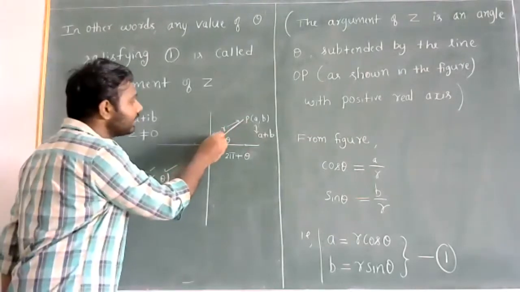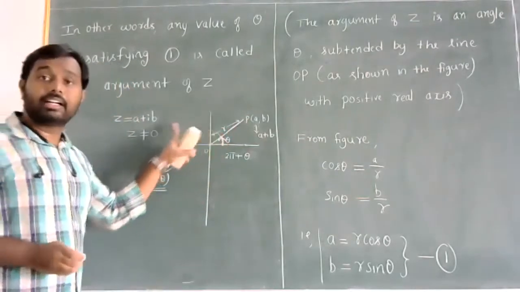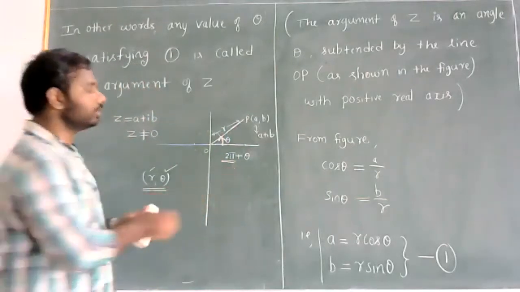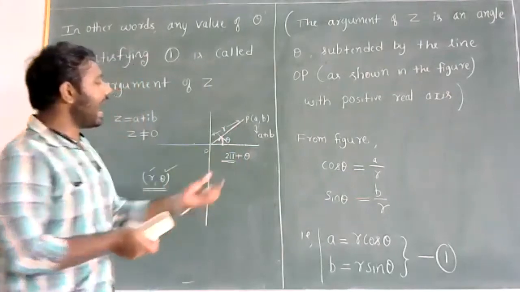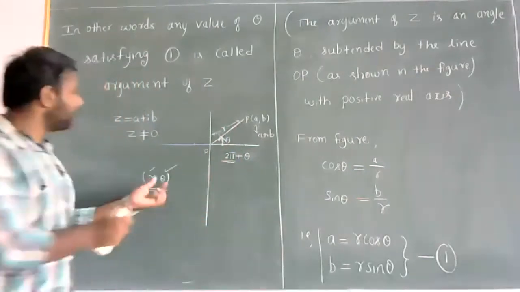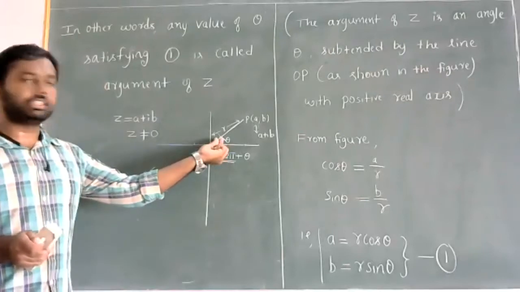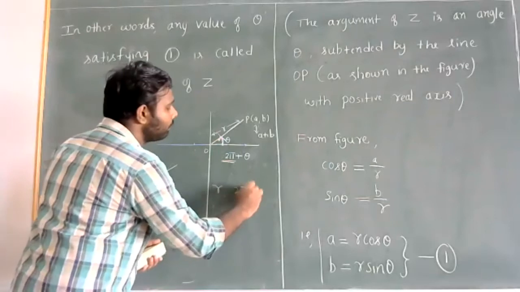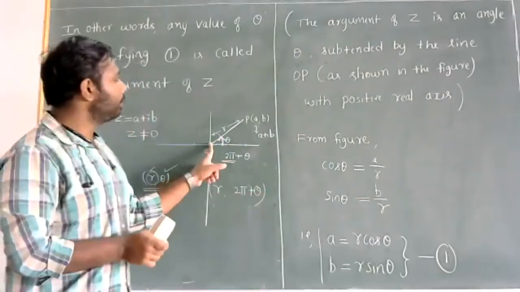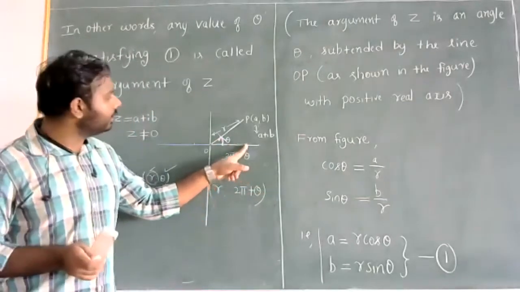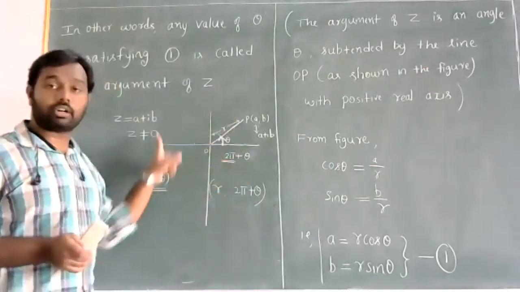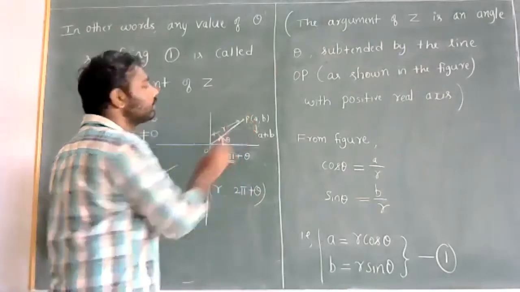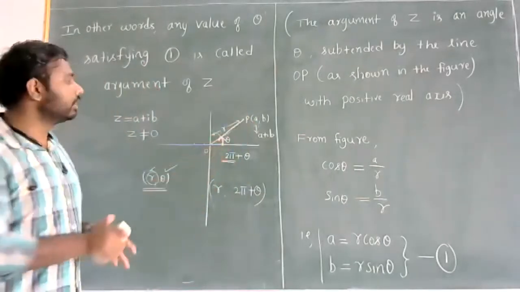Then you will come to the same point covering 2 pi angle. So first theta, then I added an angle 2 pi. So again I am getting the same position. So r and 2 pi plus theta. So first measuring the line r, then giving it a rotation of angle 2 pi plus theta gives the same position, right?